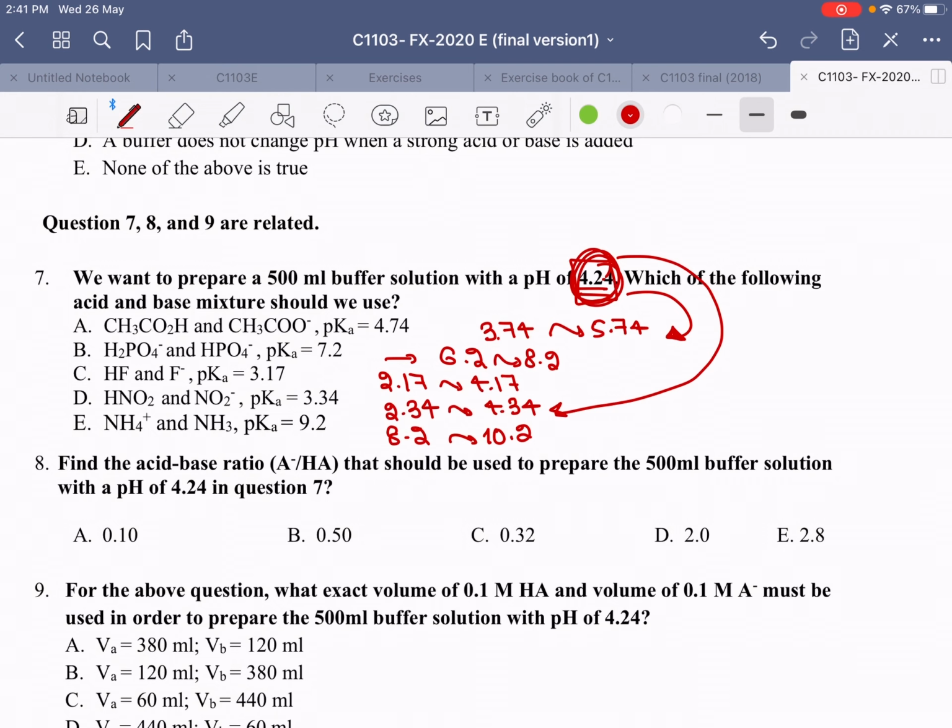So the best one is this. كل ما كانت ال pH قريبة لل pKa كل ما كان البفر better.